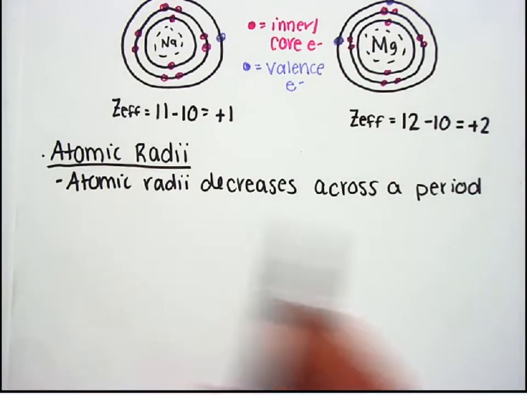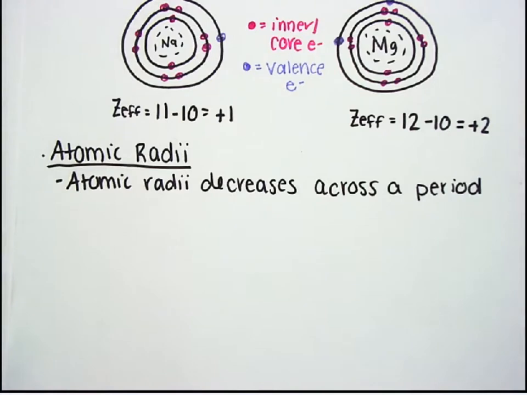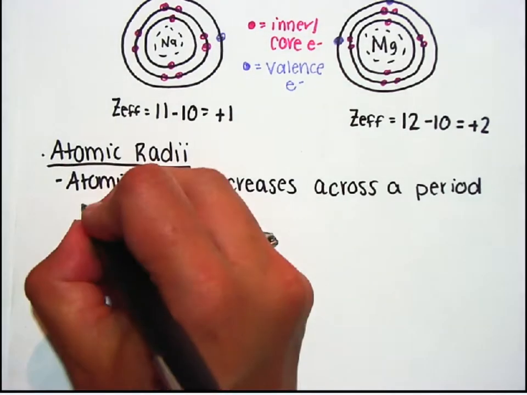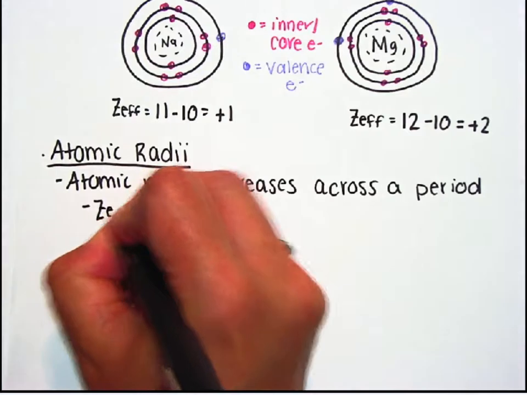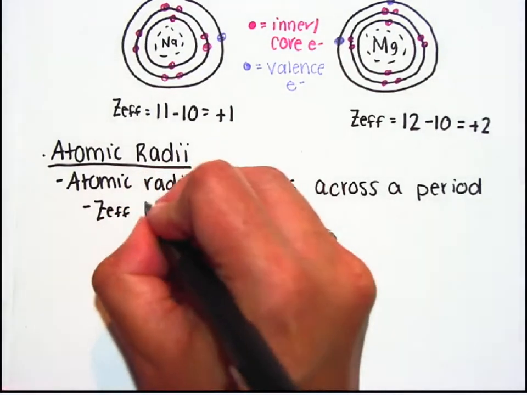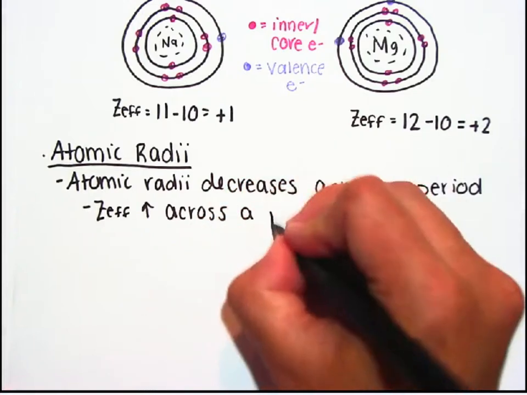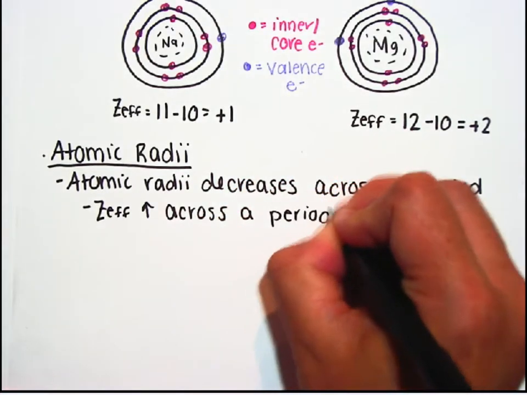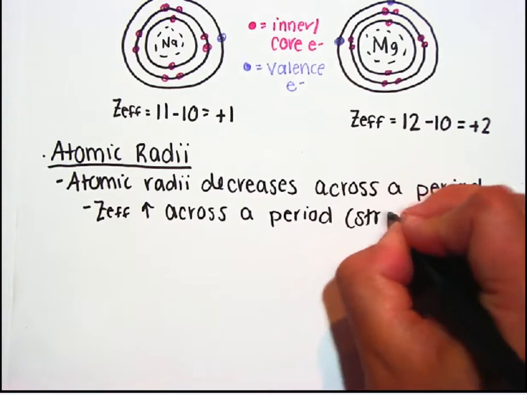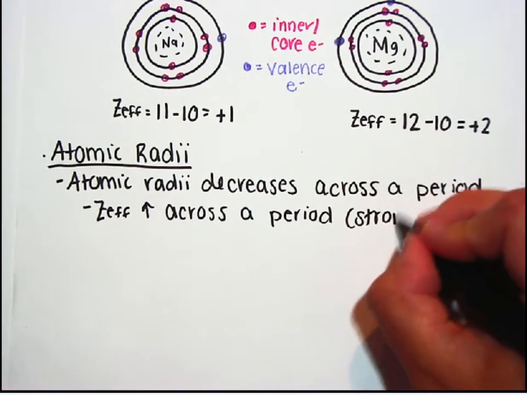So as we go across a period, the atomic radius gets smaller. Well, why does that occur? ZEF increases across a period, which means the attraction gets stronger.